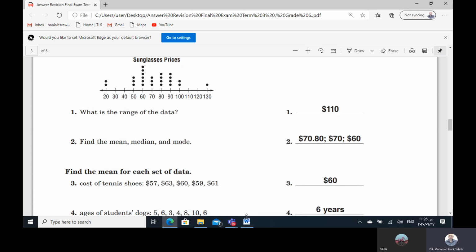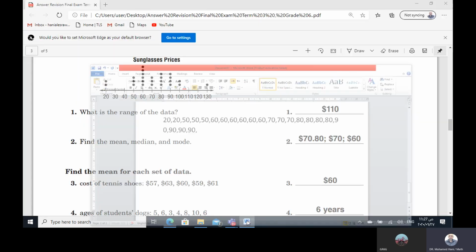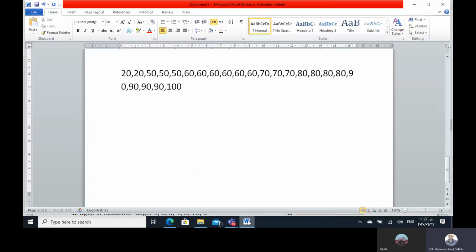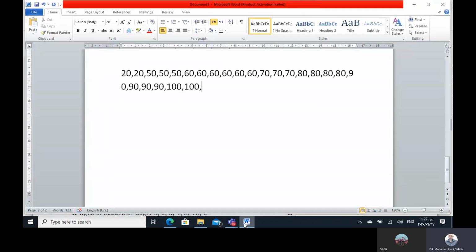Then 90 repeated 4 times, 90, 90, 90, 90. Then 100 repeated 2 times, so 100, 100. Then 130 one time. Here the data. Okay.